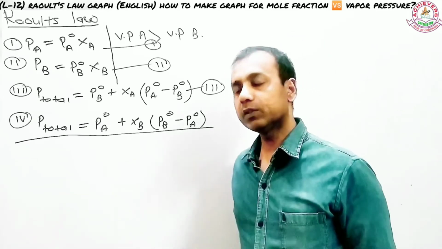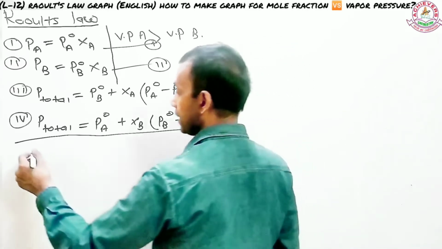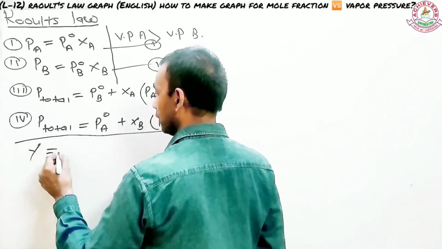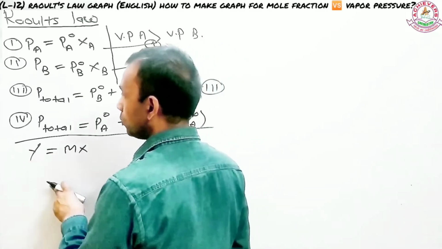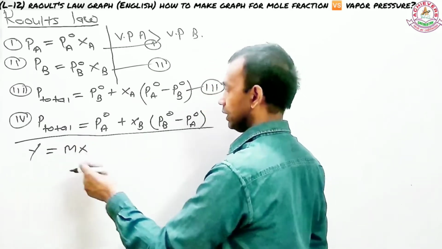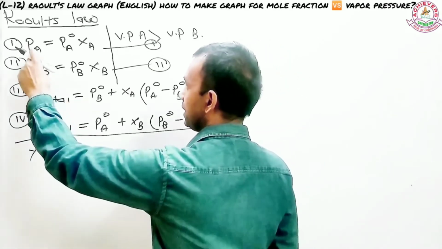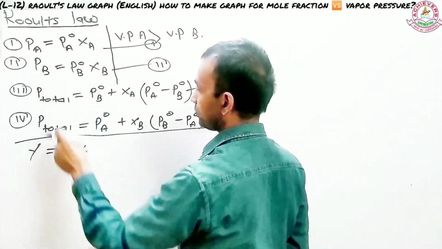You remember a linear equation for making a graph: y equal to m into x, where y represents the y axis, x represents the x axis, and m is a constant. So just take a look. This PA represents y, this XA represents x, and this PA naught represents m.